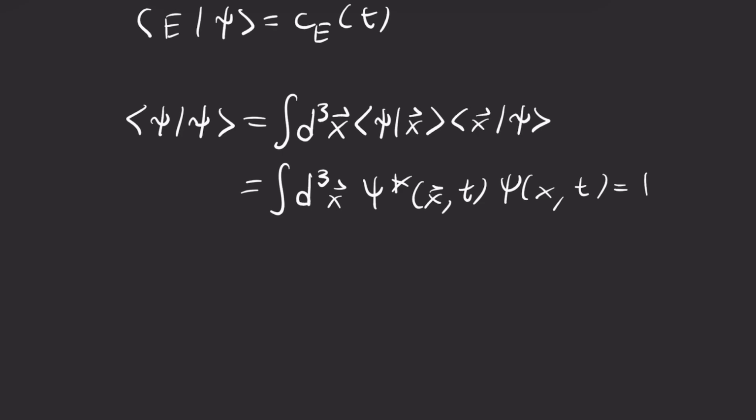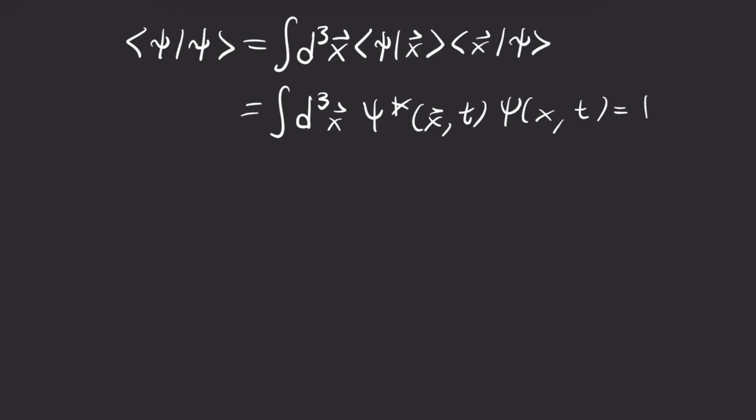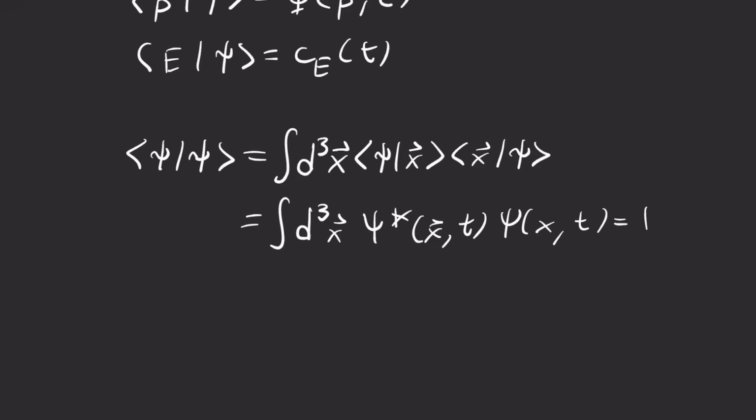So this is how I can express the Born rule in the position basis. And I can also, of course, use the other bases to express the Born rule in terms of the momentum basis or the energy basis. But what's interesting is, I forgot to mention, this is over all of space. So this is an integral over all space.